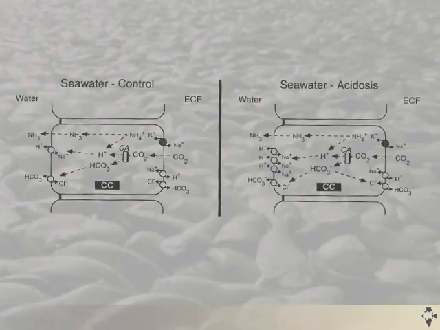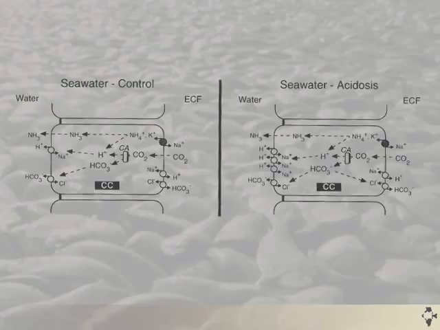So that's why you see in this case open circles indicating the hydrogen-sodium co-transporters functioning in the chloride cells, unlike the emphasis on the active ATP-utilizing hydrogen pumps that we saw in the freshwater fish. Now, of course, what you see under conditions of acidosis is an increase in the number of those co-transporters. So these don't utilize ATP, but the number of those co-transporters will increase in seawater fish exposed to acidosis, again, to encourage that hydrogen ion export.